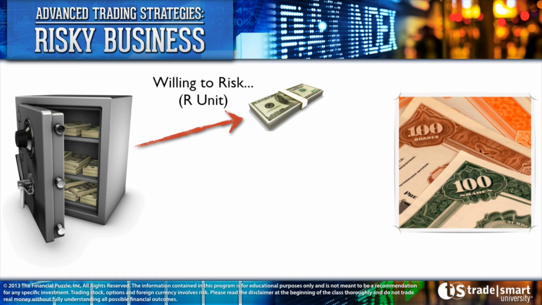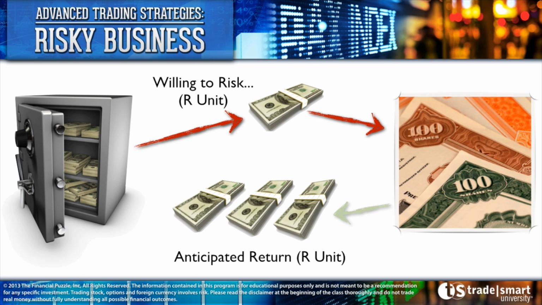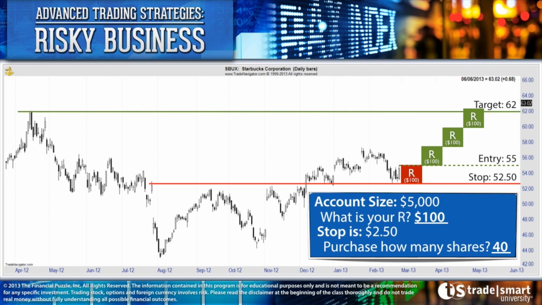You put that risk unit into the marketplace, and if the trade goes in your intended direction, you would anticipate a likelihood of at least 3 return units on that one risk unit to put back in the vault. Then you just continue that cycle again and again. I thought that was a nice visual to share.